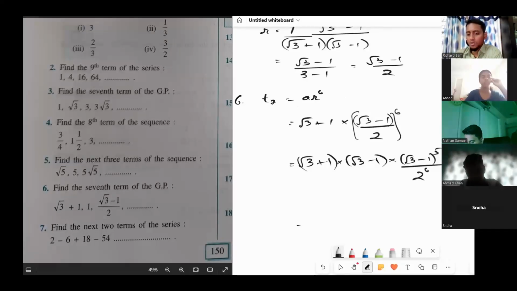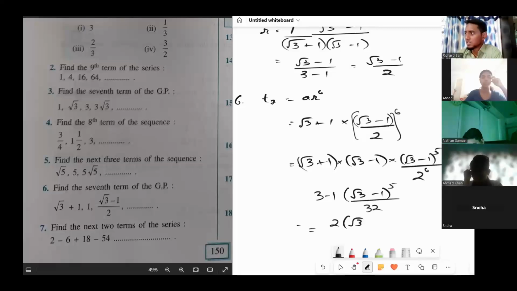So root 3 plus 1 into root 3 minus 1 is in the form of a plus b into a minus b, so that will be a square minus b square. That is 3 minus 1, which is 2, into root 3 minus 1 whole raised to 5 divided by 2 raised to 6. Wait, what is 2 raised to 6? 2 2s are 4, 4 2s are 8, 8 2s are 16, 32, 64.